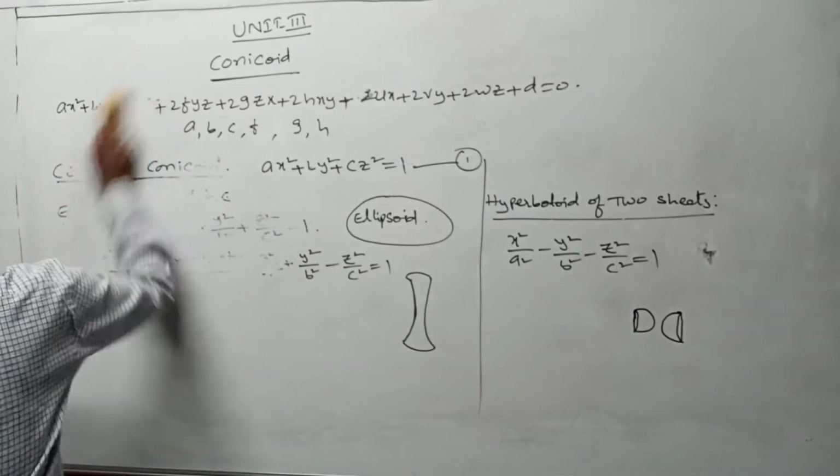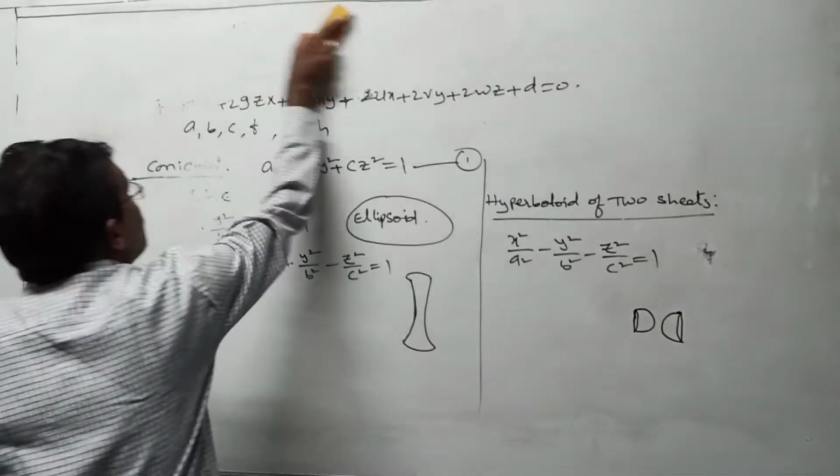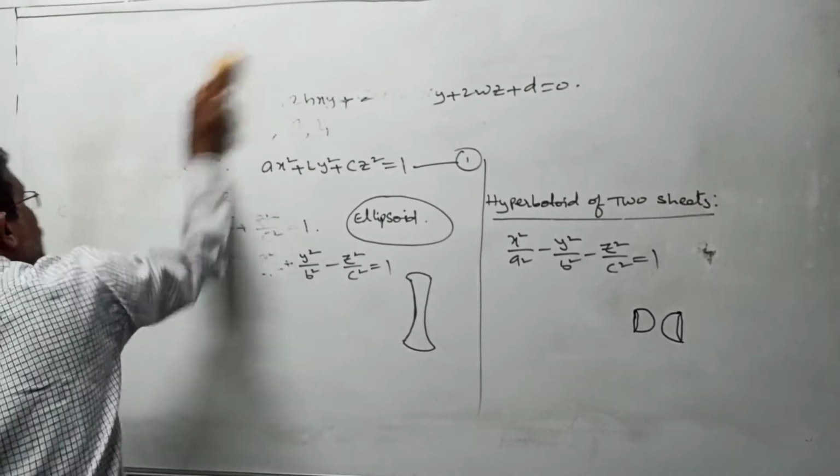Next, let us see intersection of a line with conicoid.